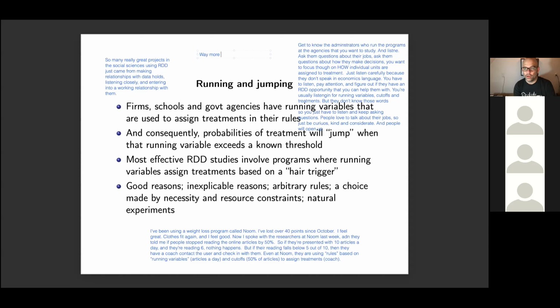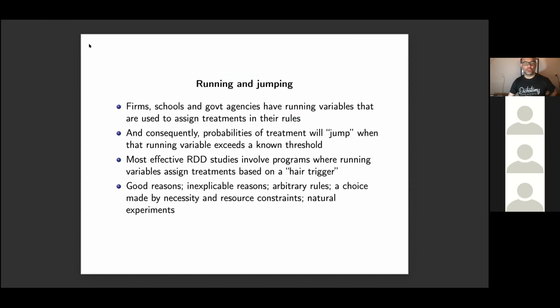Way more people out there have these RDD opportunities and they do not know it. And even if they did know it, they don't know what to do with it. But you will know. Okay, but you will know. Right? So that's just a little something I wanted to say.